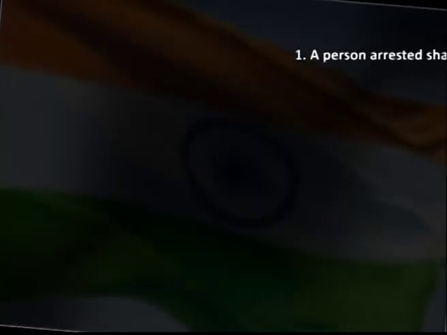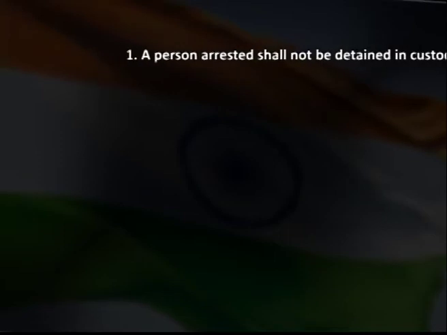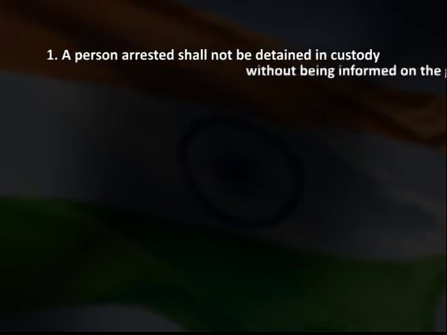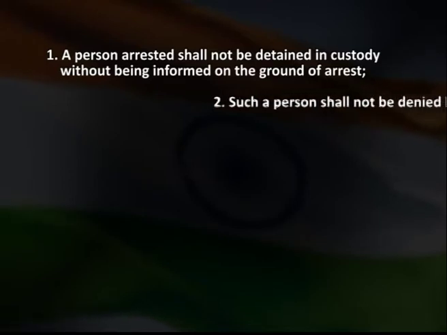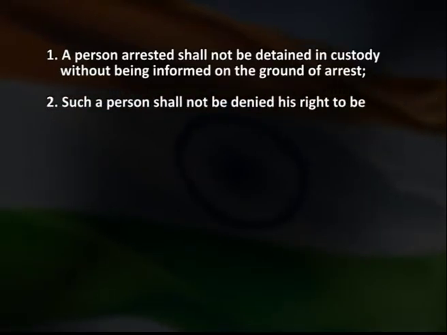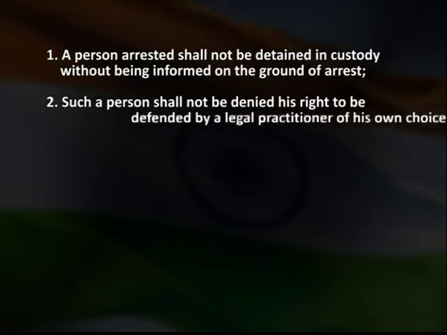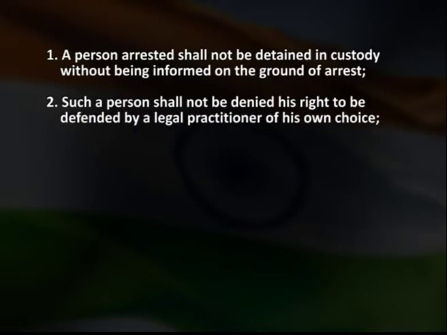This Article 22 ensures four safeguards for a person who is arrested. Those safeguards are: firstly, a person arrested shall not be detained in custody without being informed of the grounds of arrest. Secondly, such a person shall not be denied his right to be defended by a legal practitioner of his own choice.